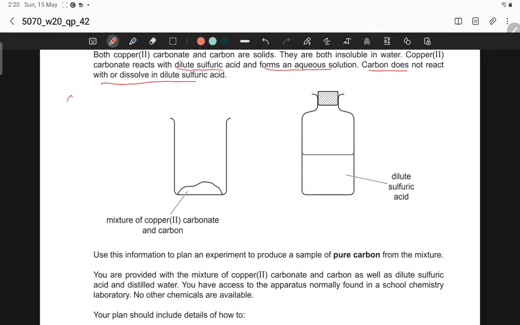So we have CuCO3 plus carbon plus H2SO4. Copper carbonate reacts with sulfuric acid to form CuSO4, while carbon remains unreactive, plus water plus CO2.